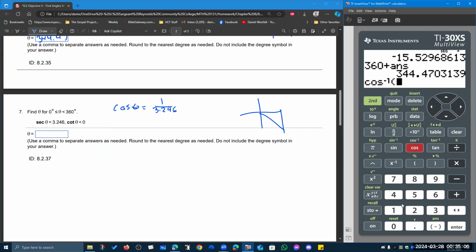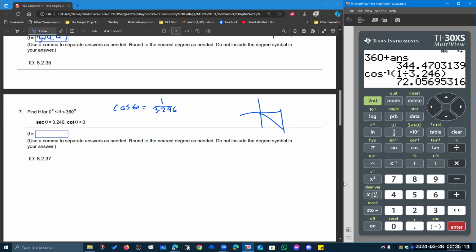Arc cosine of 1 over 3.246, my reference angle from quadrant 1, is going to be 72.06.